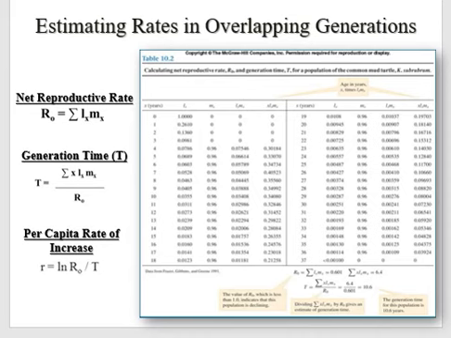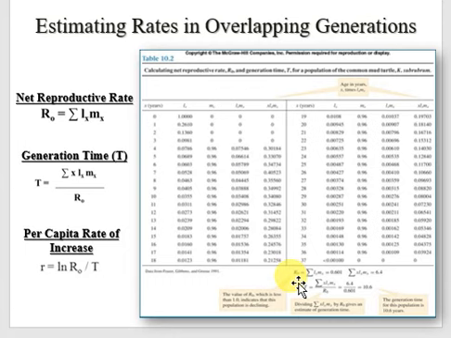Now, because the generations overlap, and taking into consideration that half of the turtles nest each year, you can use similar information or matrices to calculate your net reproductive rate, right?